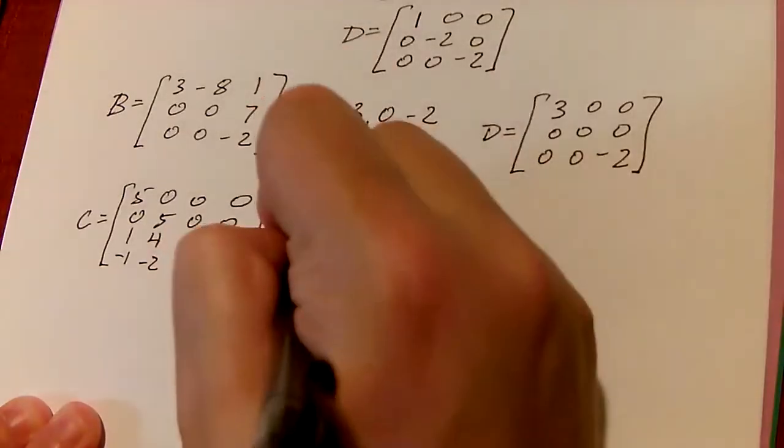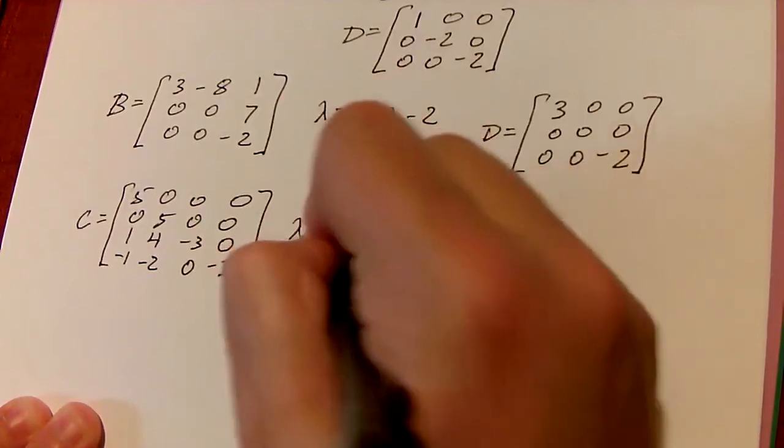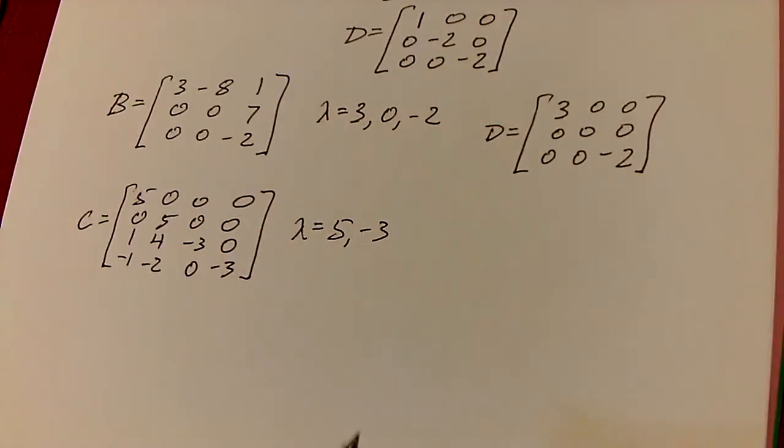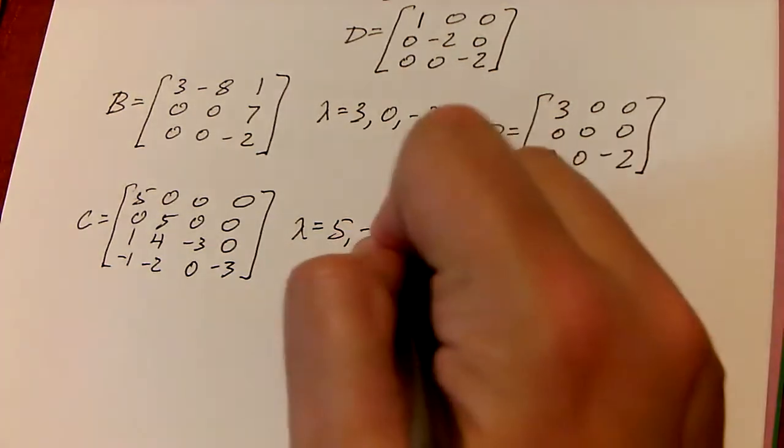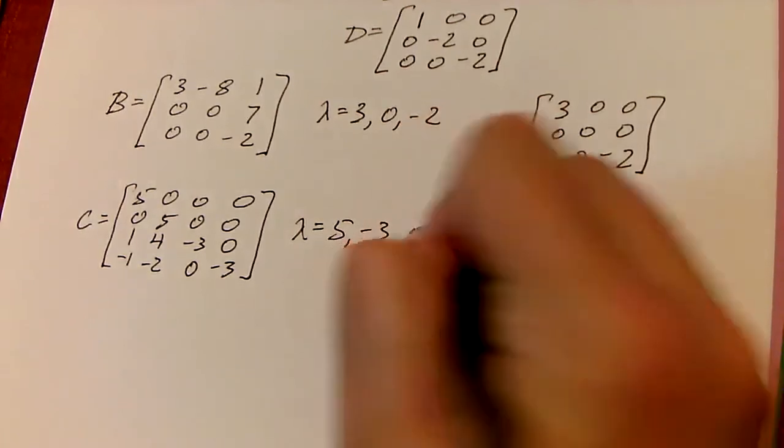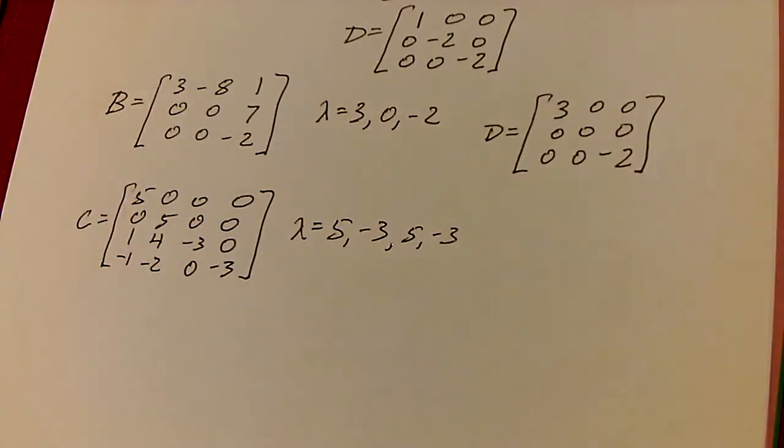Okay, as I look at this, I can already see that the eigenvalues are 5 and negative 3. Okay, which is not enough to automatically determine what P or D might be. Okay, these have multiplicity two, so if I needed to write with respect to the multiplicities, I'd write them down again. So they may have two eigenvectors, not a guarantee, but they may have two eigenvectors.